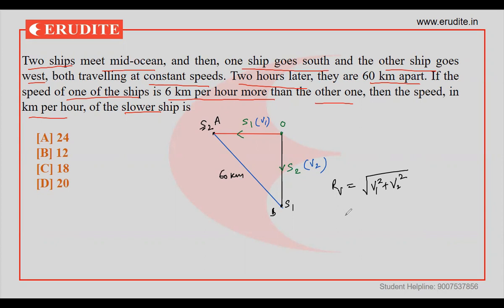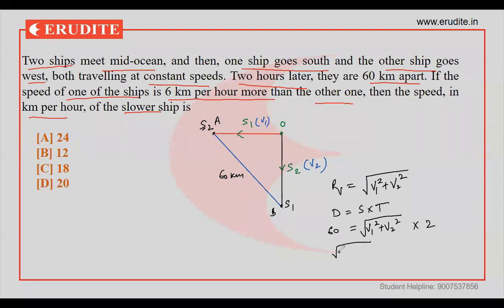Now guys, we know that after 2 hours, they have covered the distance of 60 kilometers. So distance is equal to speed into time. Resultant speed is under root v1 square plus v2 square, into time taken, 2 hours, and the distance covered is 60.